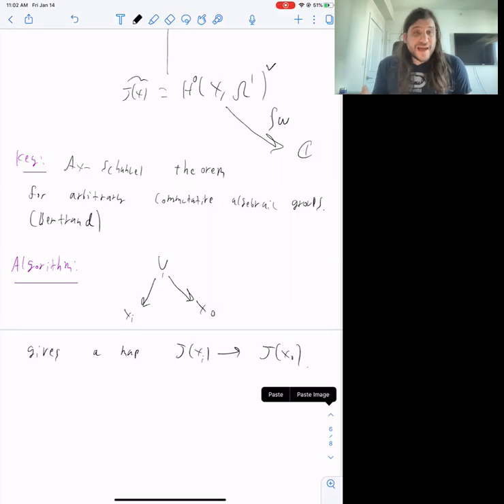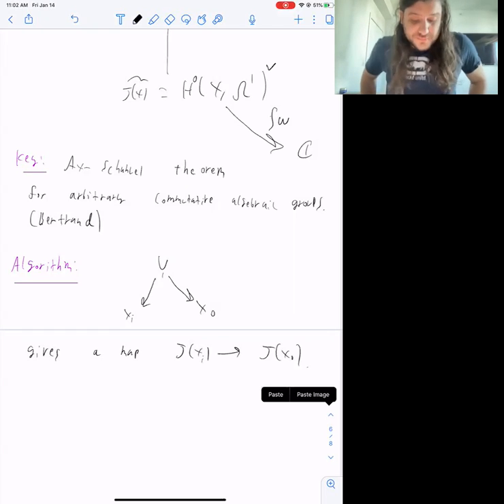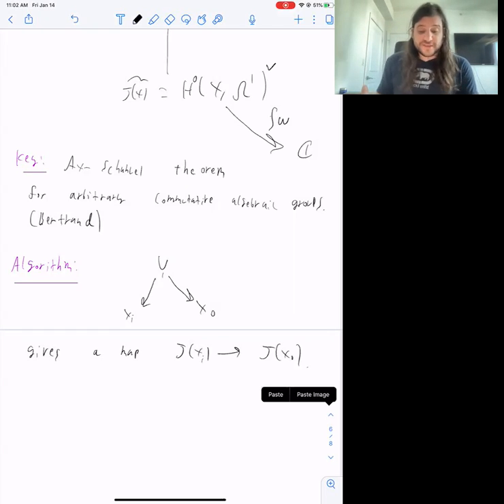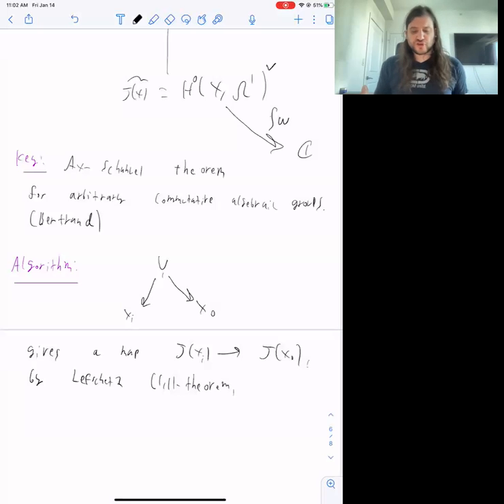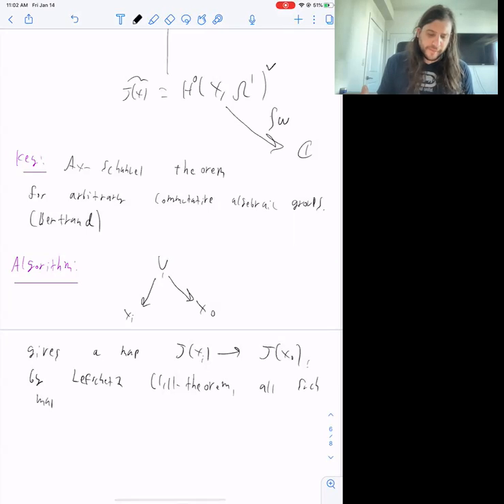And moreover, this map is all that ends up being relevant to keep track of our differential forms. So this is the relevant data. And by the Lefschetz (1,1) theorem, essentially the Hodge conjecture for surfaces, all such maps arise from some correspondence Y.